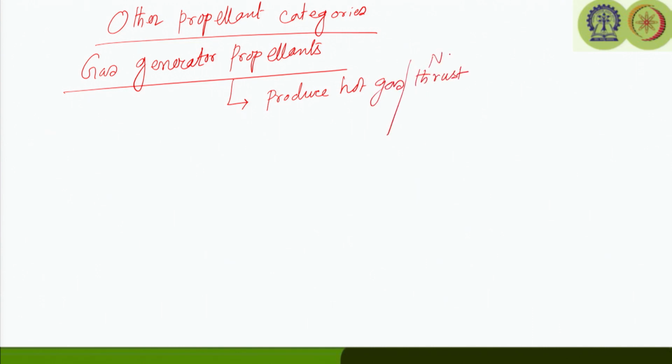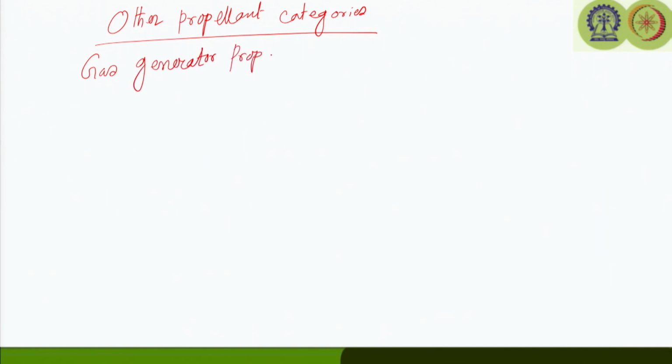What are the other propellant categories? The major categories we have said are homogeneous propellant and heterogeneous propellant, based on the mixture of the fuel and oxidizers, but based on the applications there are other propellant categories. For example, we can have gas generator propellant. The main motive of gas generator propellant is to produce hot gas, but not thrust.